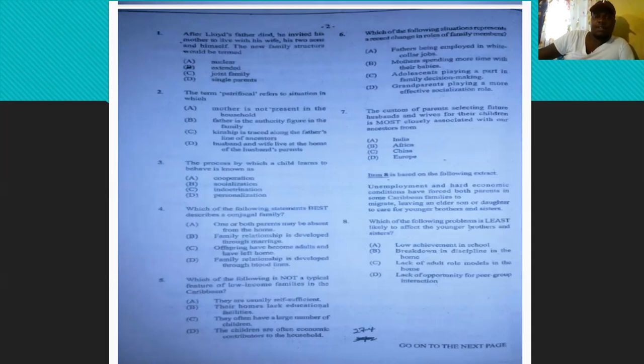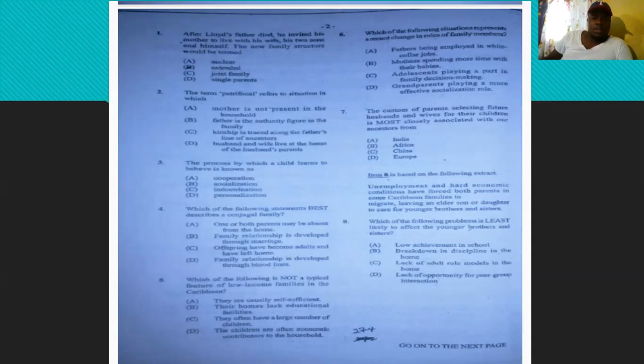So that's not the answer. C says kinship is traced along the father's line. That is patrilineal. B says father is the authority figure. That is patriarchal. So the answer is A, mother is not present in the household. That is patrifocal. So the central member of the family is the father. Mother is not always there. Or the term absent could be mother's role is severely diminished.